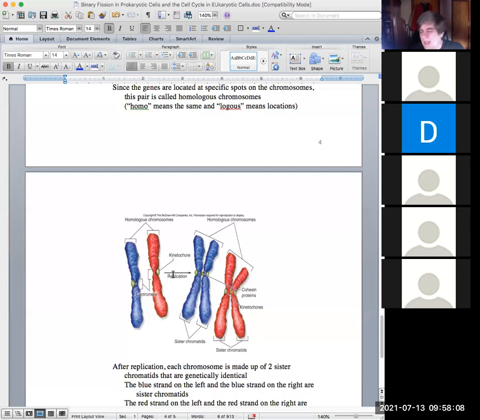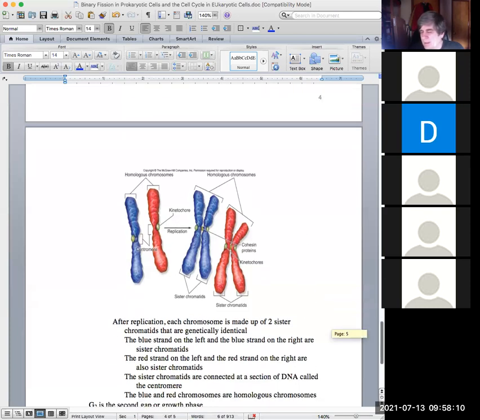Now, during replication, remember what I said. The cell is going to duplicate its DNA, and if everything happens correctly, we're going to have 2 exact copies. These two exact copies of blue number 1 are represented by this kind of X or H-shaped structure we have here. And the two copies of red number 1 are represented by these two strands.